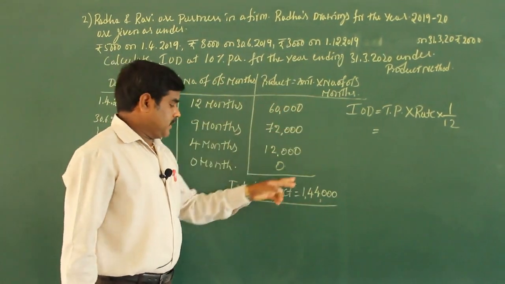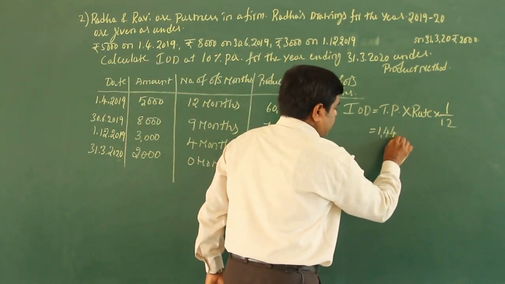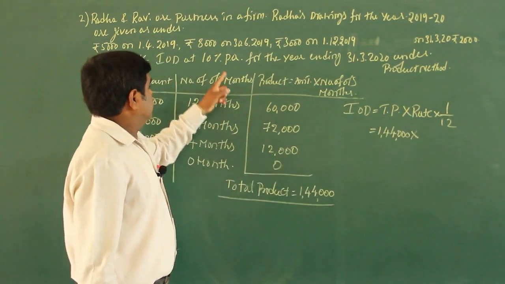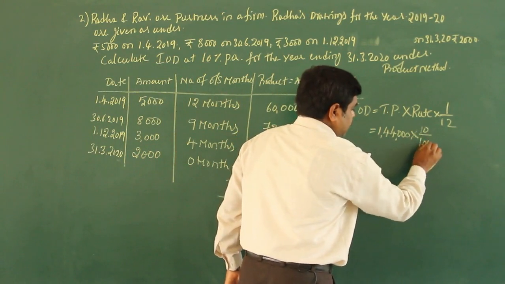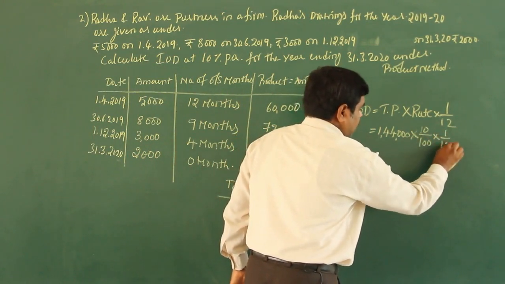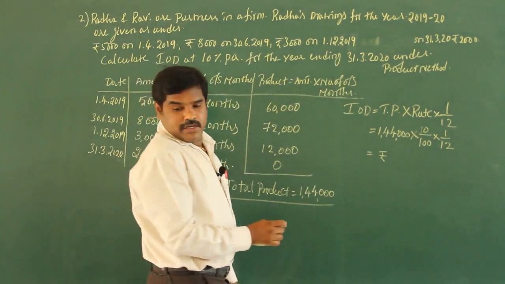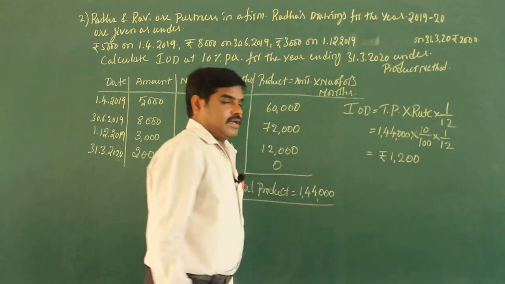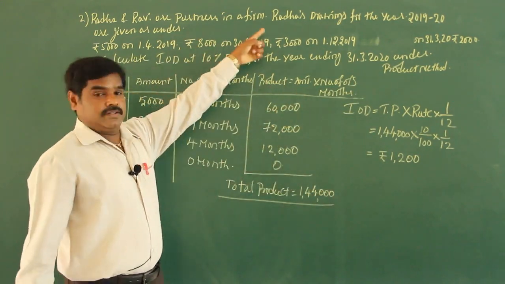Total product is 1,44,000, rate of interest is 10, and of course into 1/12. If you calculate, you get the answer 1,200. 1,200 is the interest on drawings of Radha.